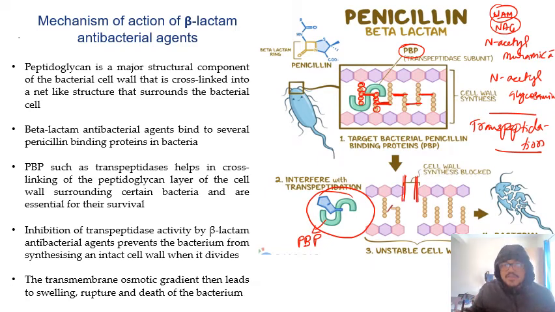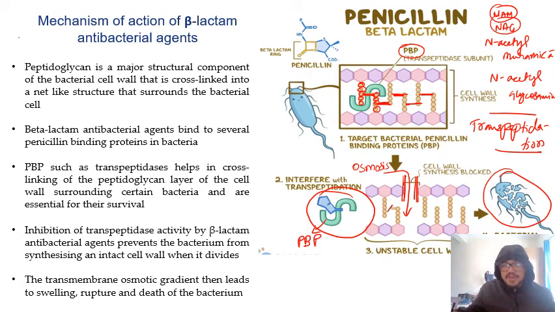So the cell wall won't be synthesized properly, and through these gaps, solvent molecules from outside will come inside the bacterial cell by osmosis. Due to that, the bacteria will bulge, swell, and then rupture. So this is the mechanism of beta lactam antibacterial agents.